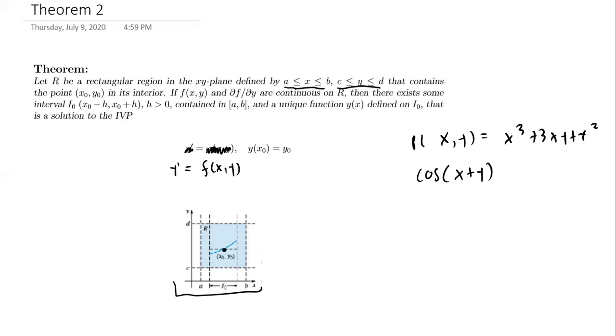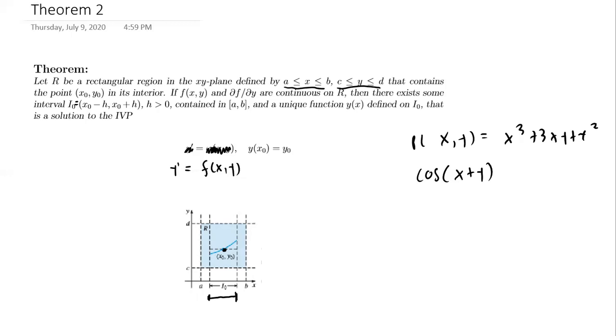Okay. So assuming that f of x, y and the partial derivative of f with respect to y are continuous on R, then there exists some interval around x0, which we're going to call I sub 0. Now the interval I sub 0 is also labeled here in this picture. So I sub 0 is this interval around x0.